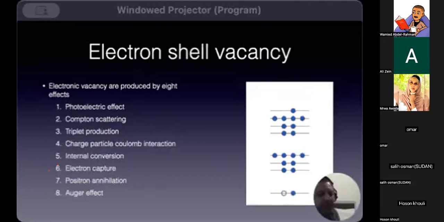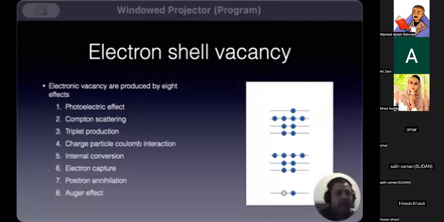But another competing process is to give that energy to an orbital electron. Instead of emitting a photon, it gives that energy to one of the orbital electrons, usually in the K shell. When it gives that energy to the K shell electron, this electron uses part of it to overcome the binding energy, and is ejected from the atom, leaving behind a vacancy.